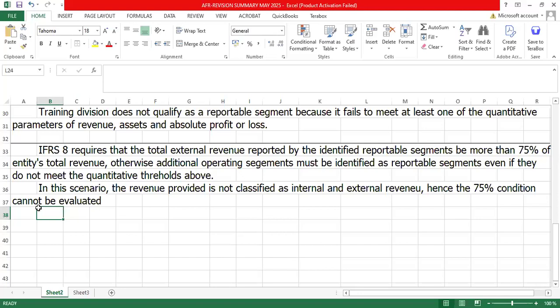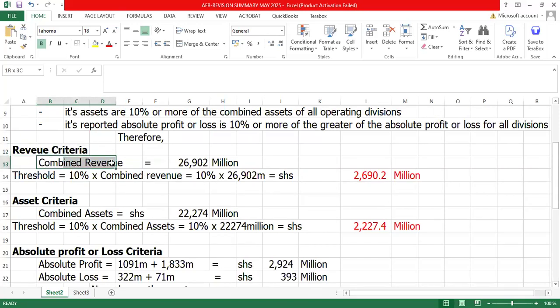Then external revenue is generated from selling your goods or services to third parties, customers who are not related to the group. So if the examiner wants you to test this, he gives you the external revenue and the internal revenue. As you get the combined revenue, you aggregate the internal revenue and the external revenue.